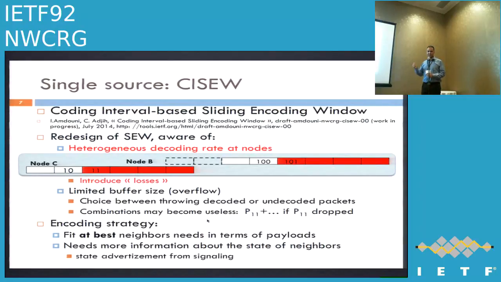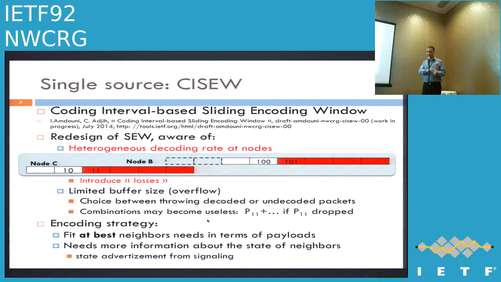then we have proposed some heuristics, and the thing is, it becomes not so easy. So I will give an example. If you have a limited buffer size, for instance, after a warm-up phase, your buffer will be full with coded and decoded packets, and when you receive a new combination, you will have a choice between throwing old decoded packets or throwing undecoded payloads with very high indices.